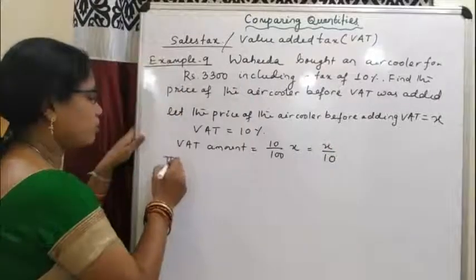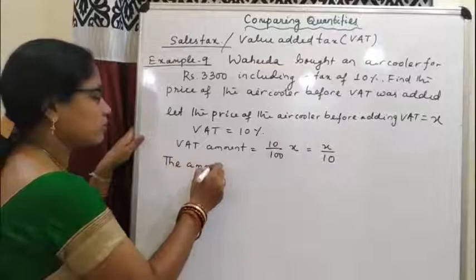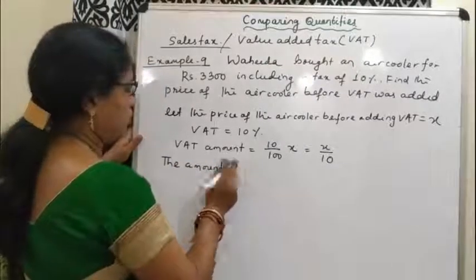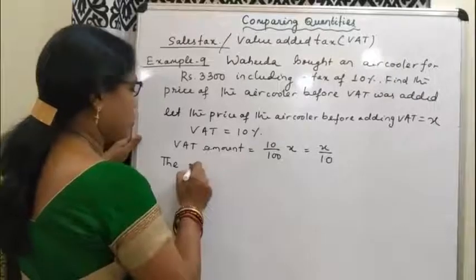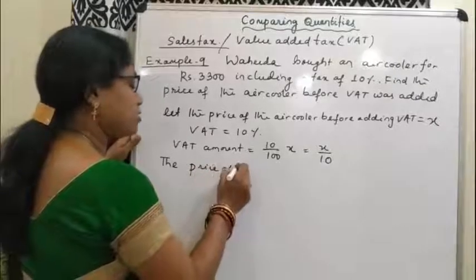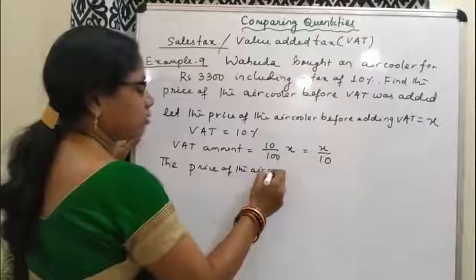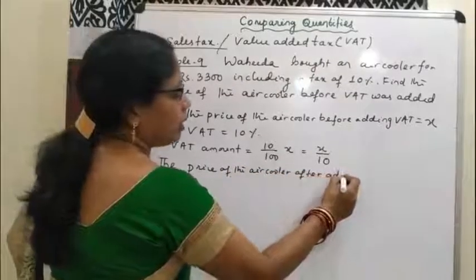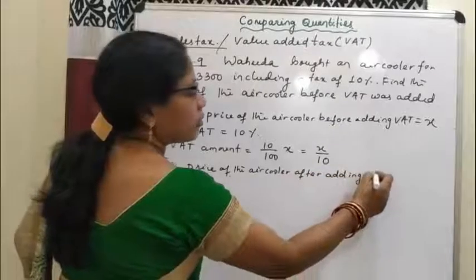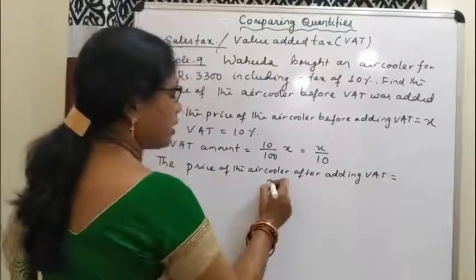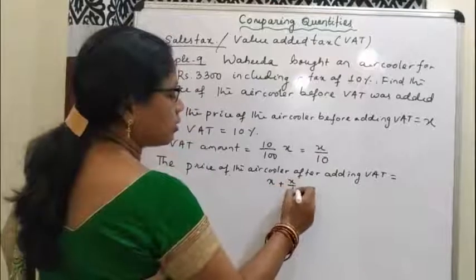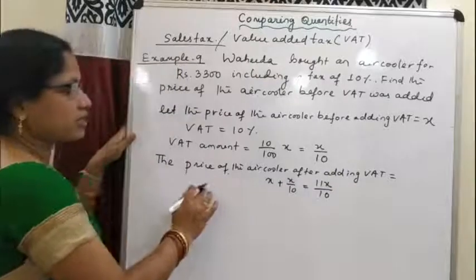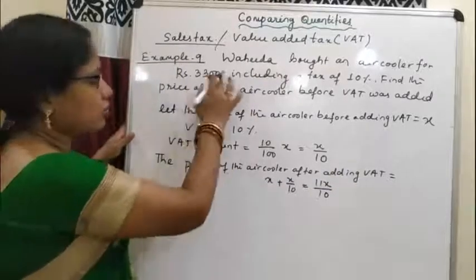So the price of the air cooler after adding VAT is x plus x by 10. So this is 11x by 10. But this price is given, that is 3300.